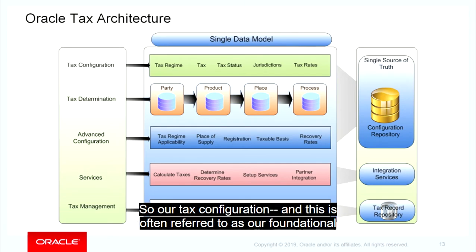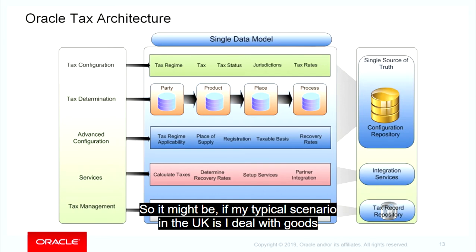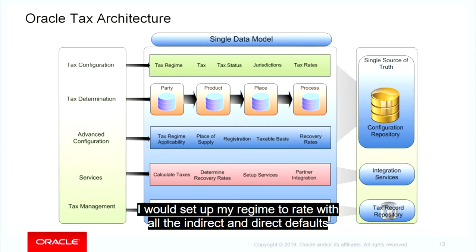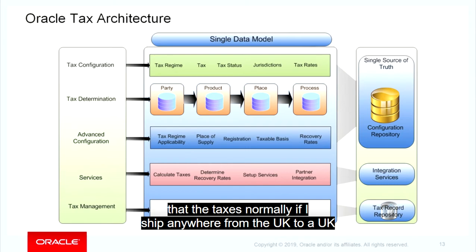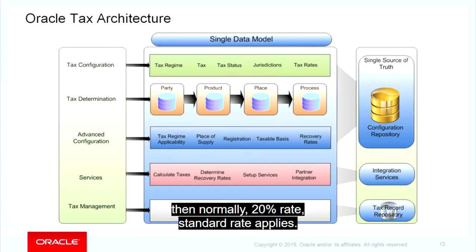So our tax configuration, and this is often referred to as our foundation or core setup, we've got our regime to rate. So my typical scenario in the UK is I deal with goods, and they're mostly standard rated goods, then I would set up my regime to rate with all the indirect and direct defaults that the tax is normally, if I ship anywhere from the UK to a UK customer, i.e. the jurisdiction there, my place of supply is in the UK, then normally 20% rate, standard rate applies.